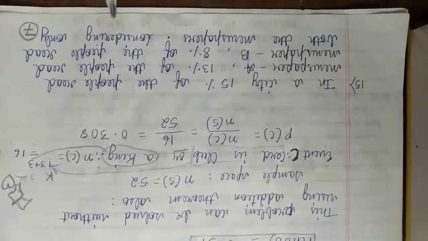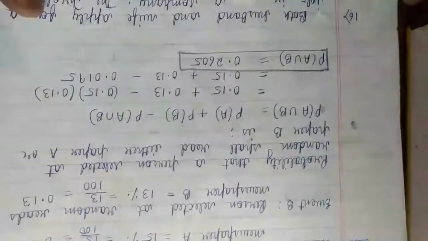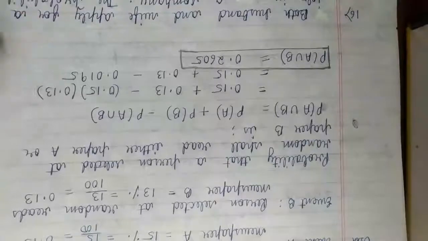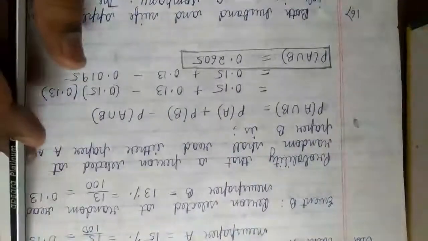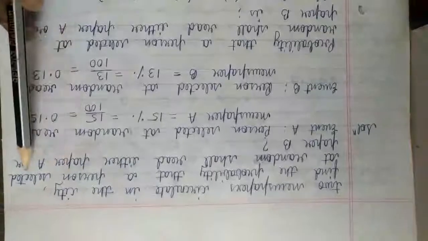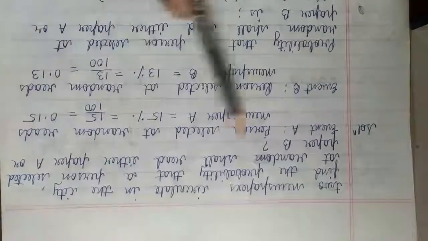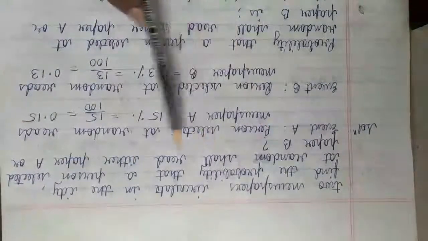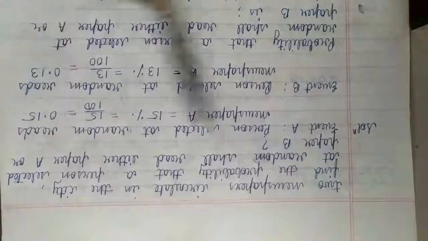Considering only 2 newspapers circulate in the city, find the probability that a person selected at random shall read either newspaper A or newspaper B.